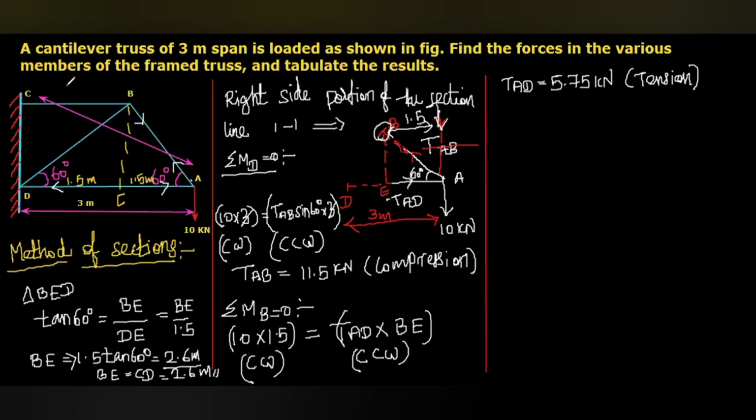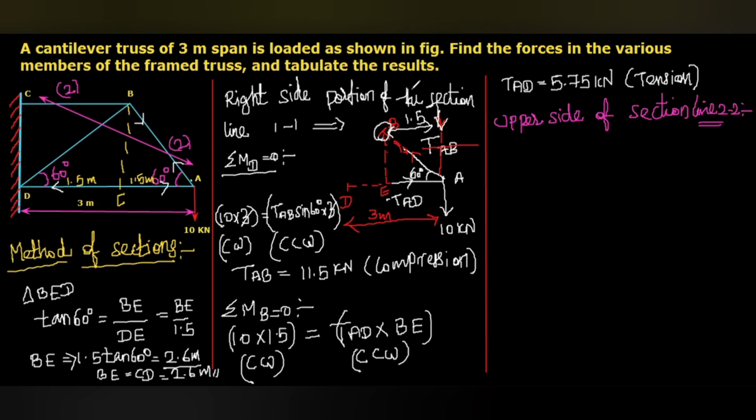And then as usual, we can consider two portions of the section line, either the above or below the section line. Here I'm going to consider the upper side of section line 2-2.